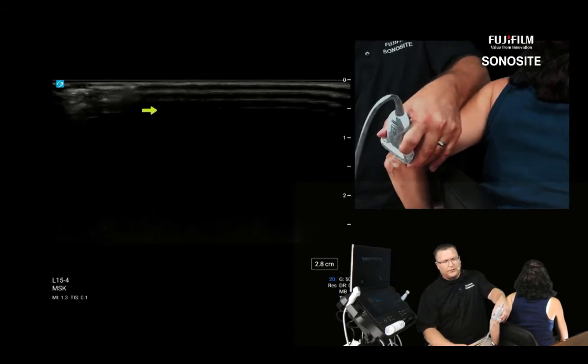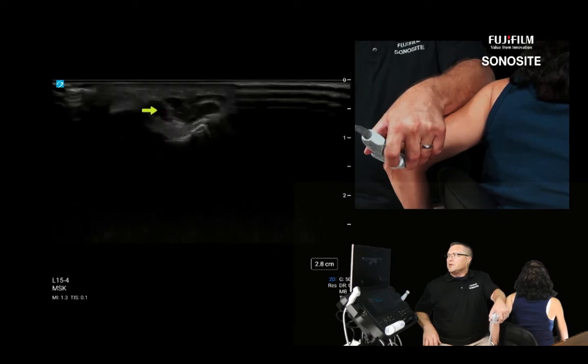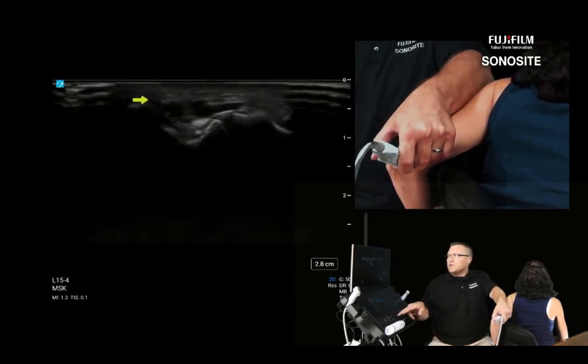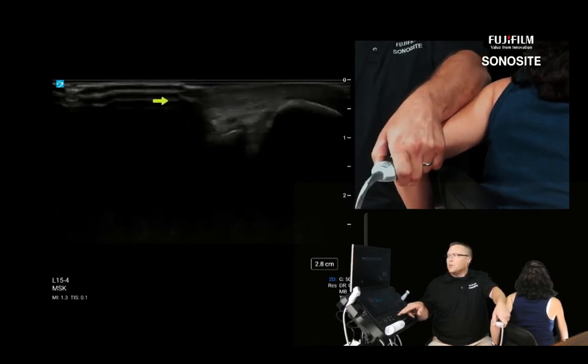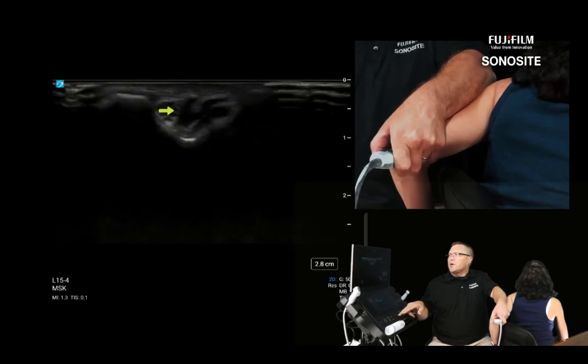So my finger first goes over the medial epicondyle, and there we can see on the left side of the screen the medial epicondyle's bony margin here. Here's the ulnar nerve with the 15 megahertz transducer, and we're going to make it look really nice with the L19 next. So very hypoechoic honeycomb appearance here. You can see all the little fascicles inside.